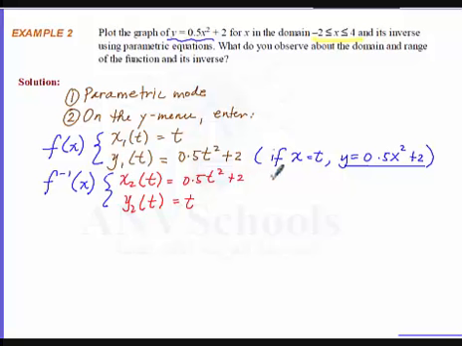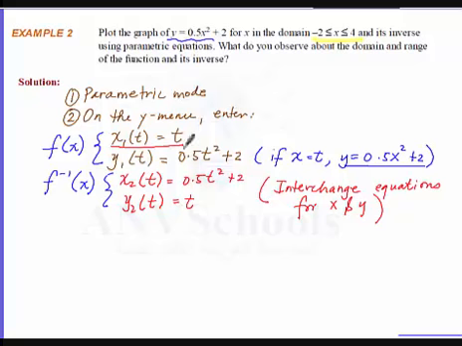So our x1 of t becomes y2 of t, which is equal to t, and our y1 of t, 0.5 t squared plus 2, now becomes x2 of t, 0.5 t squared plus 2.